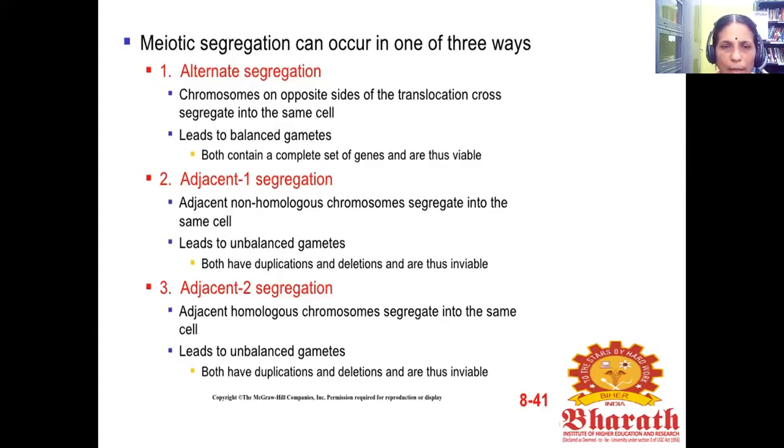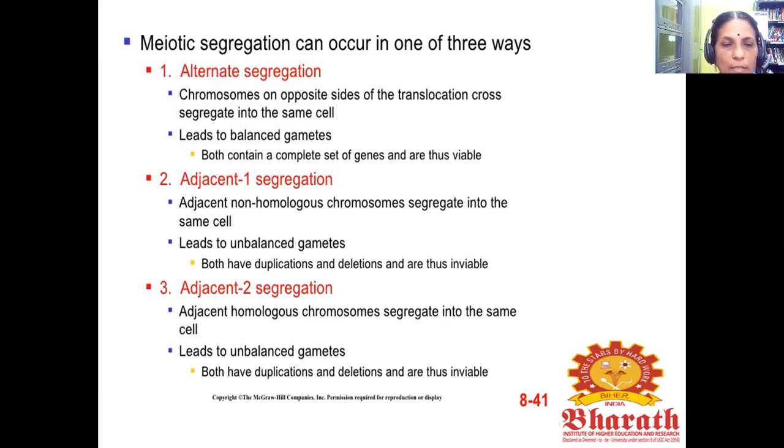Both contain a complete set of genes and are thus viable. The second way is adjacent 1 segregation, in which adjacent non-homologous chromosomes segregate into the same cell, leading to unbalanced gametes. Both have duplication and deletion and are thus inviable.